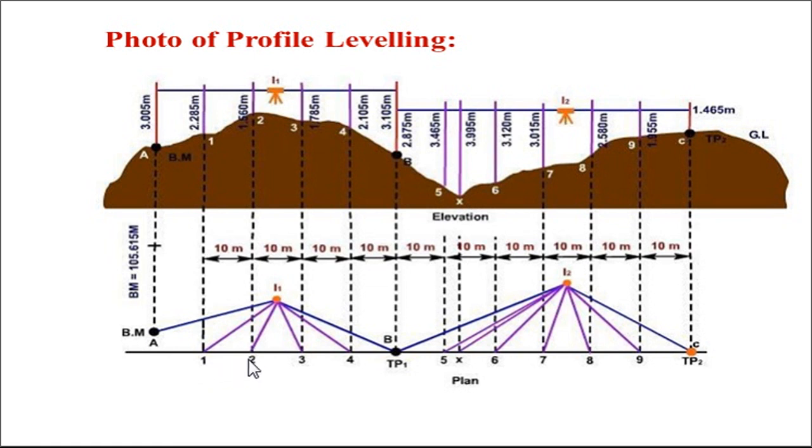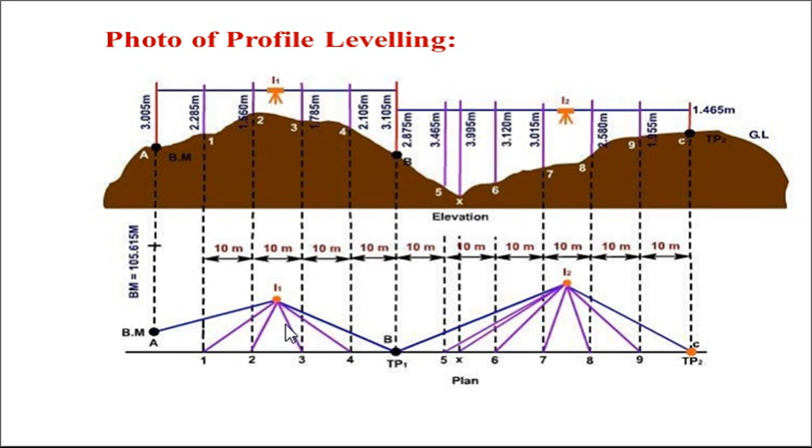Then point 2, the distance between the two points is 10 meter and each of these points is at 10 meter interval. So from the first setup of the instrument we have taken the first reading on the benchmark. Then point number 1, point number 2, point number 3, point number 4 and this change point.